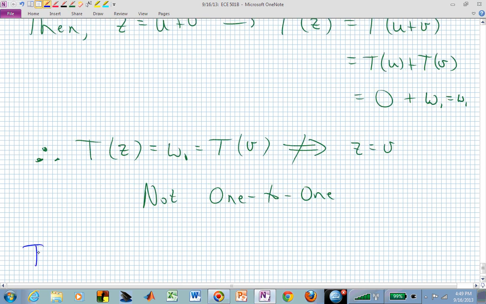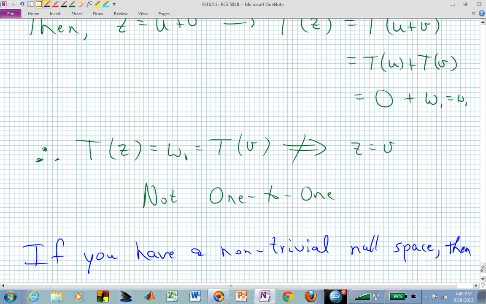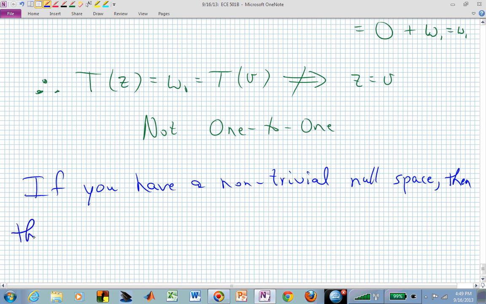And that's sort of the conclusion. If you have a non-trivial null space, then this linear map is not injective.